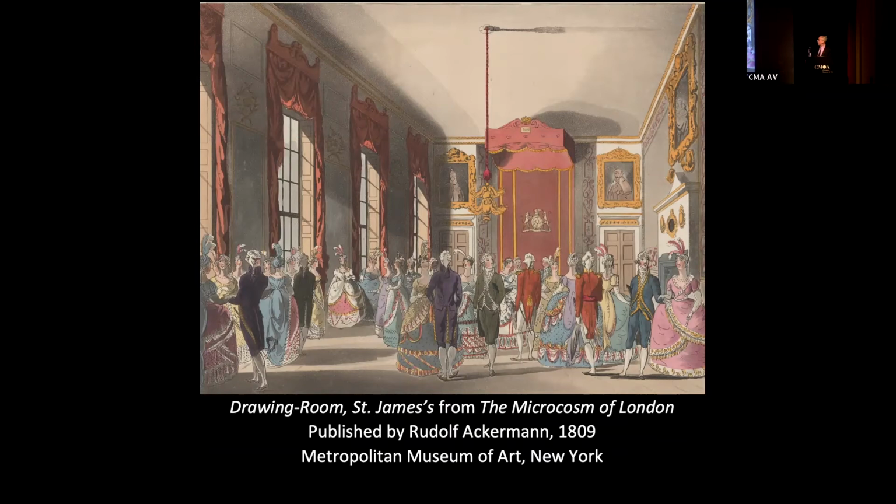This is from 1809, which shows a drawing room, which was the name not just for a room, but for the actual event where people were presented at court and sort of hung around, meeting the royals at the court of St. James. And this shows the women, as you can see, where they're all wearing feathers, and they're wearing these hooped skirts, which are extremely unfashionable for this time.